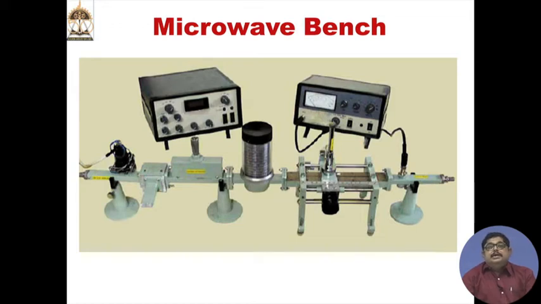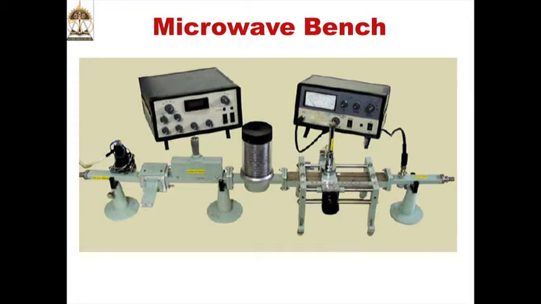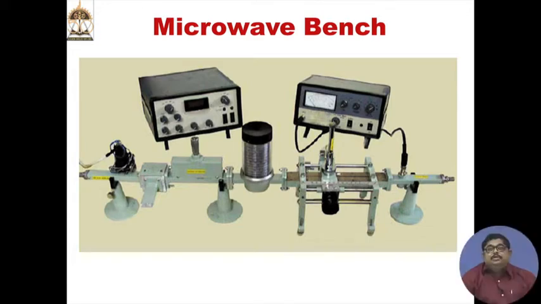Then after that there is an attenuator, which is for changing the power level of whatever is flowing from the source. Then you can see there is a cylindrical thing that is called a cylindrical microwave cavity. It is a frequency meter, also called a reaction type wave meter.